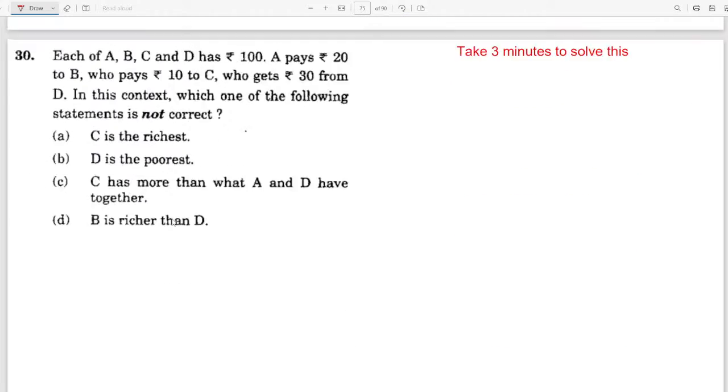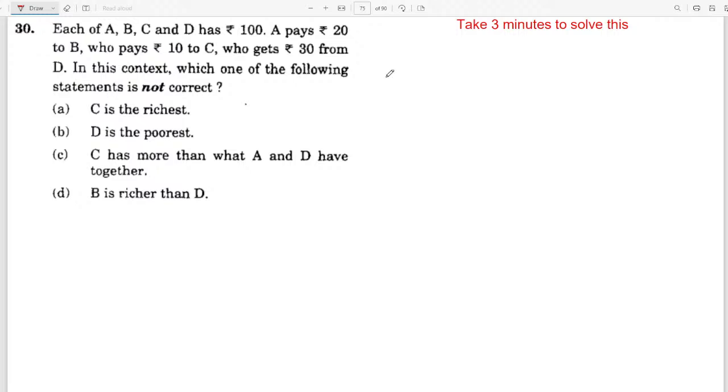Okay. So take 3 minutes to solve this question. Most of them have got option C. Let's see how to go about this question. They're saying that each of A, B, C and D has 100 rupees. A, B, C and D all have 100 rupees.